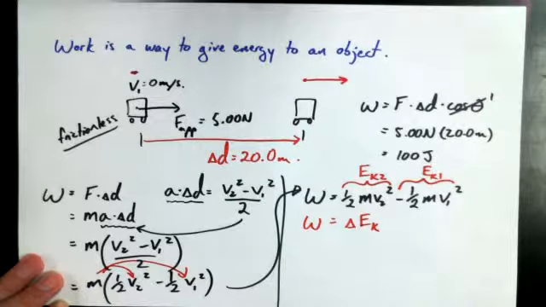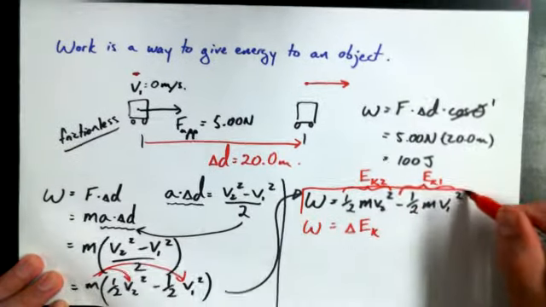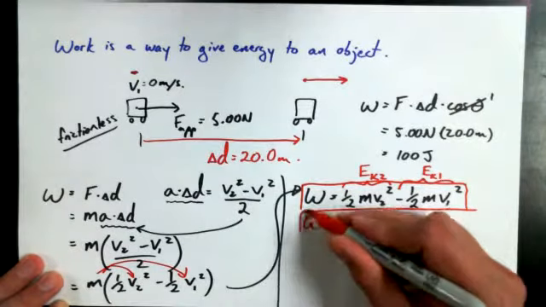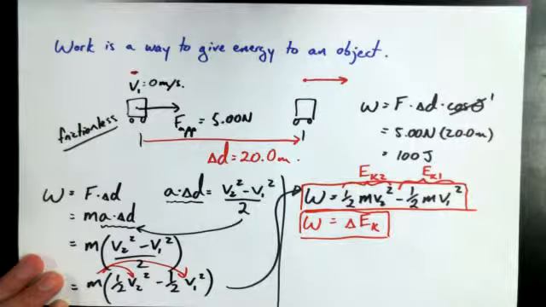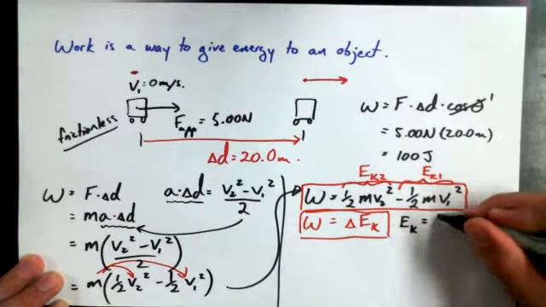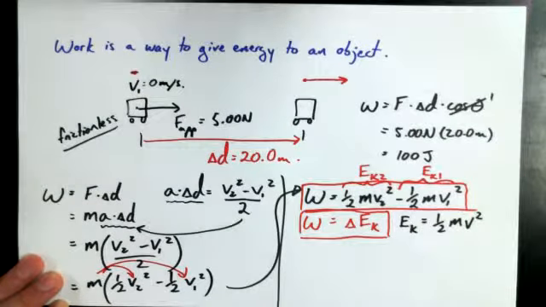Now getting back to the question that we had just a second ago, I'm going to put a box around this. That's a nice formula. And you know, if I want to have an equation for kinetic energy all by itself, the general equation for kinetic energy is just 1/2 mv squared. Okay?